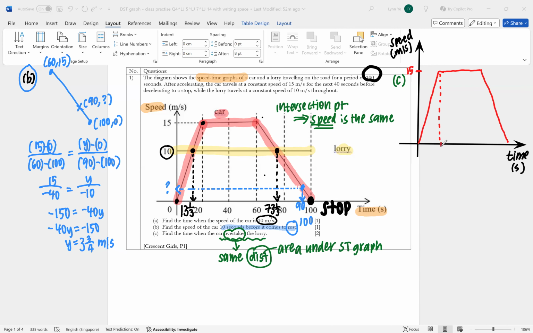I'm going to draw it out separately and fill in all the crucial information. You can also draw it separately because right now there is too much information on my graph. It's very messy, so I'm drawing it separately so I can see clearer. One is the car, the other one is the lorry.